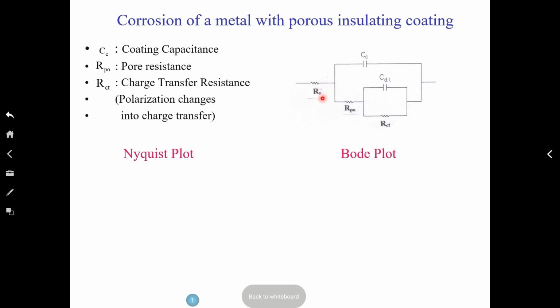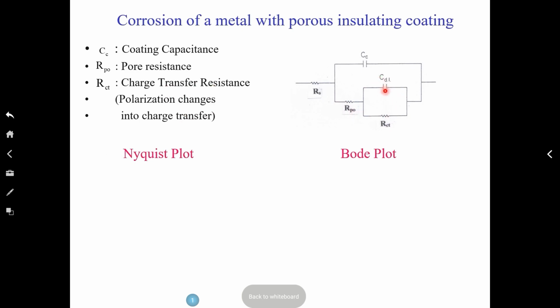The physical interpretation of this is still the electrolyte resistance. That RCT is still the charge transfer resistance, the polarization resistance, that's really determining the corrosion rate. And this R will represent the porosity-related resistance.